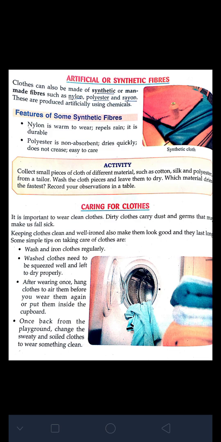It dries quickly, does not crease, and is easy to care for. Mainly, students, with polyester we can make our trousers and sport dresses, because it dries very quickly and does not crease. Cotton dresses crease very fast, but polyester does not crease, and it is very easy to care for.